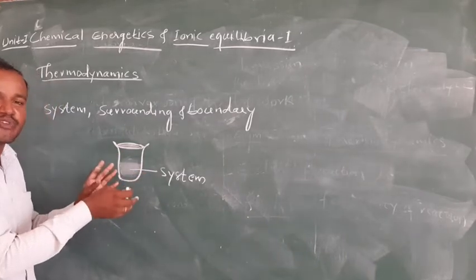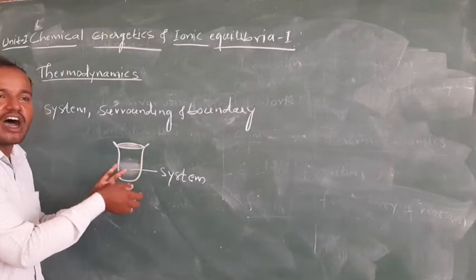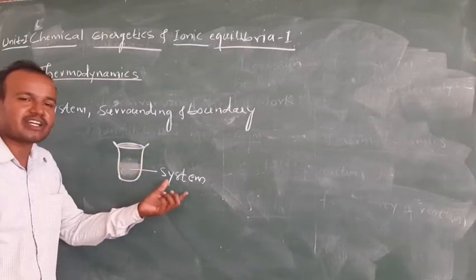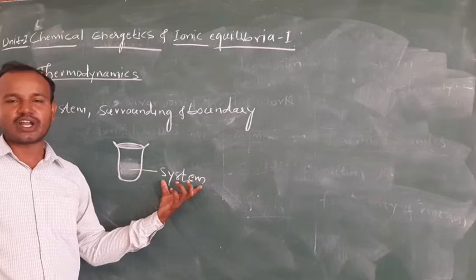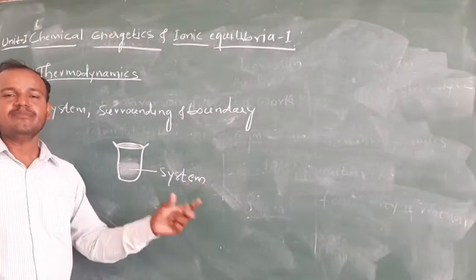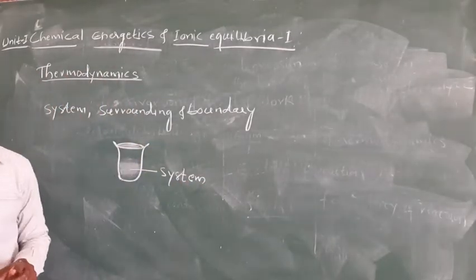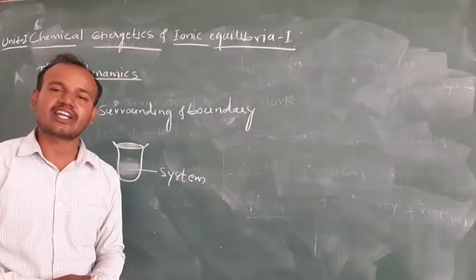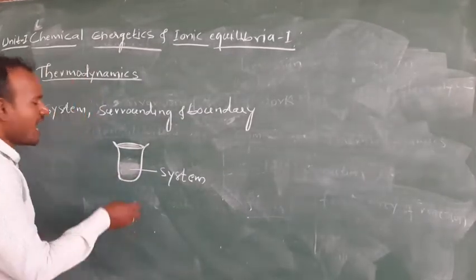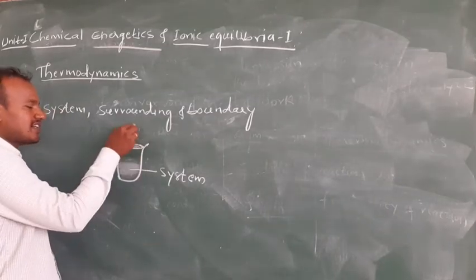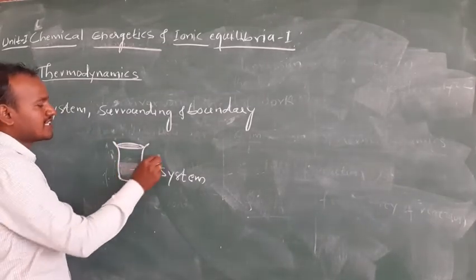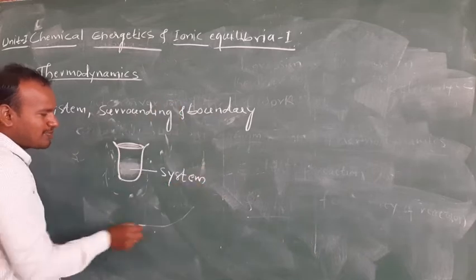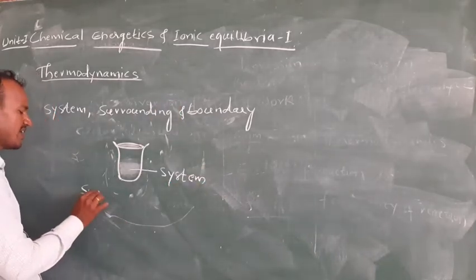If you are making such observations in a particular part of the universe, it is called a system. System is the part of the universe where you make observations, and the remaining portion other than the system is called the surrounding.